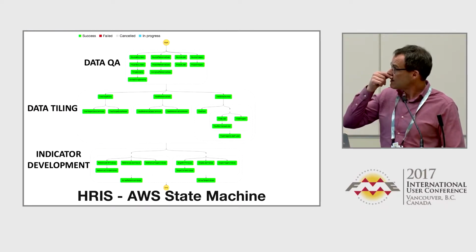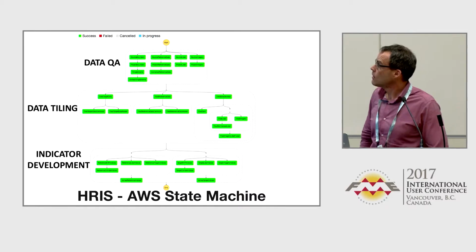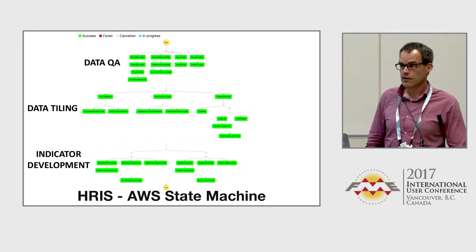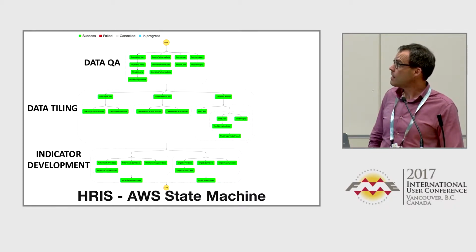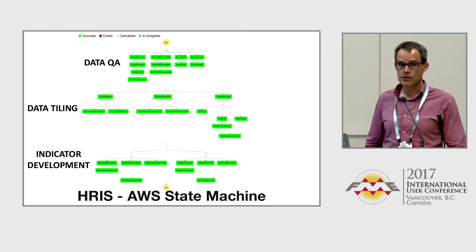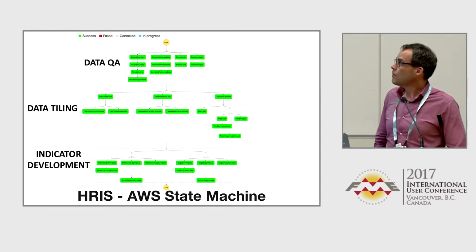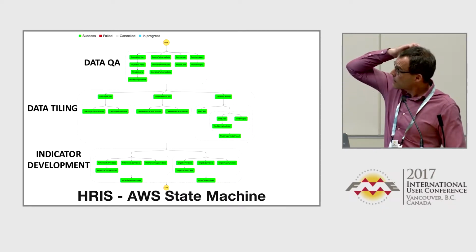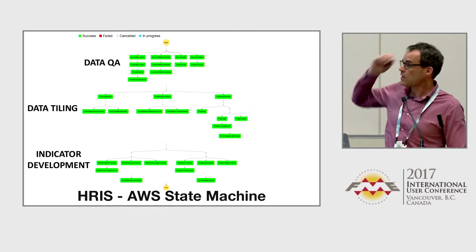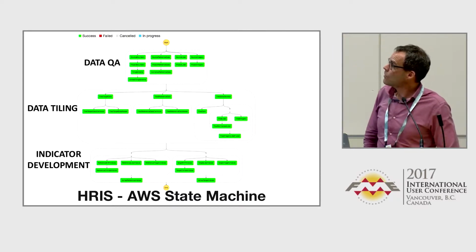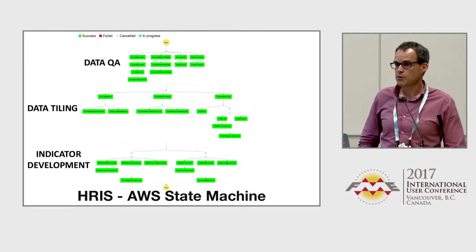So this is actually our entire step function for data management of our high-resolution inventory service. At the top, data comes in from the client. Data's QA'd when it becomes part of the project.